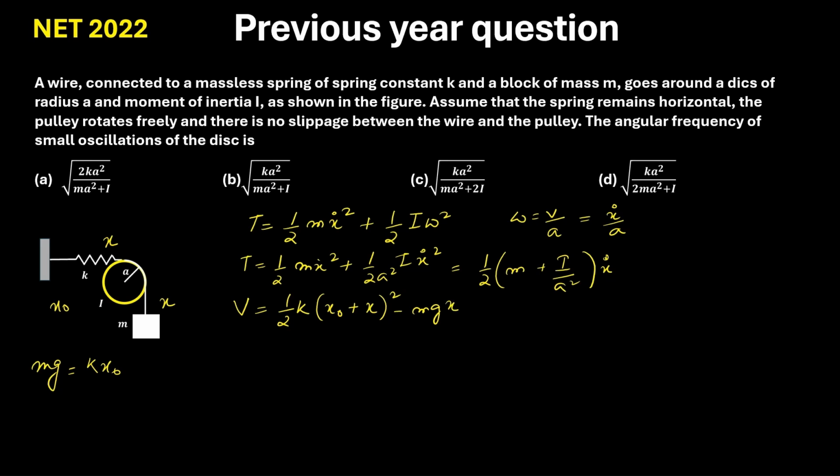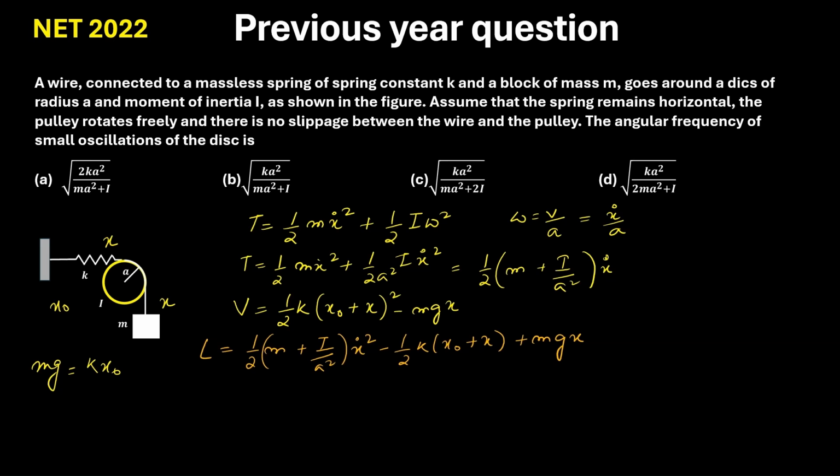So if I combine these two, the Lagrangian will be equal to half m plus I by a square x dot square, minus half k x naught plus x whole square, plus mgx.